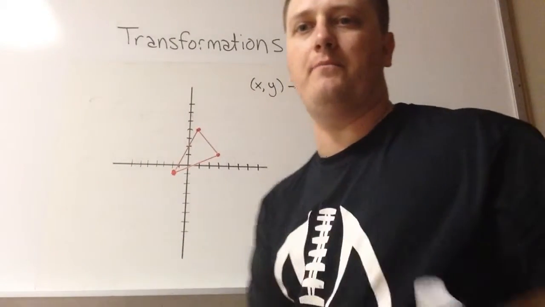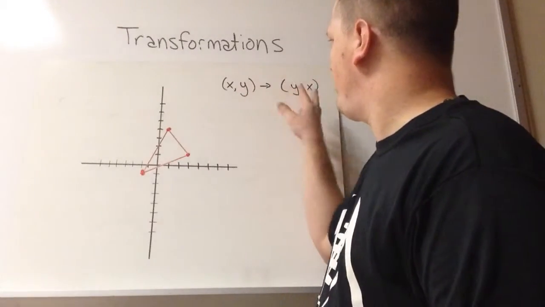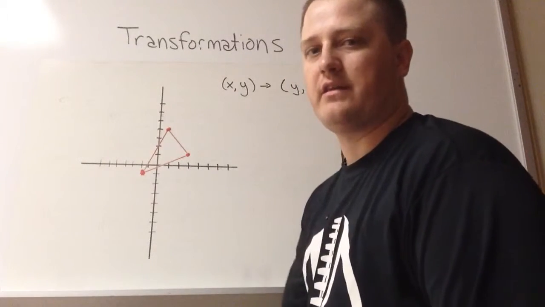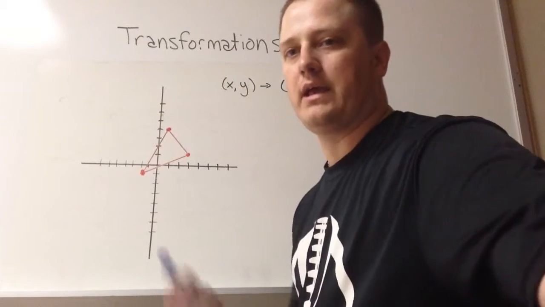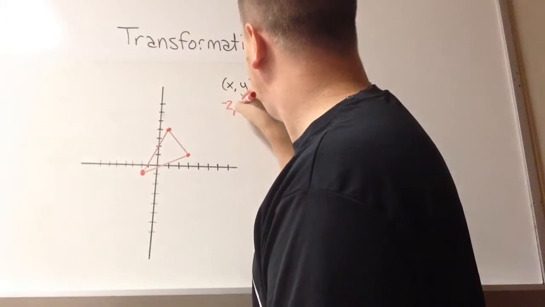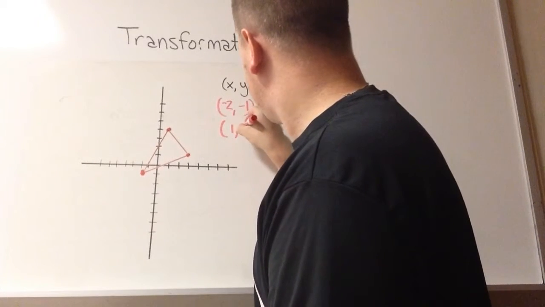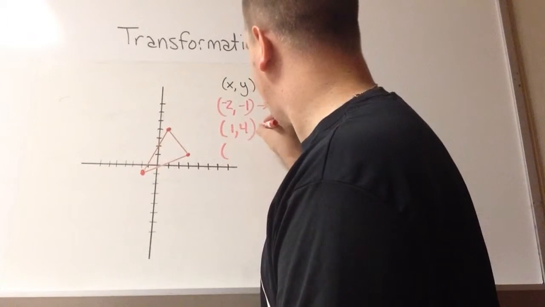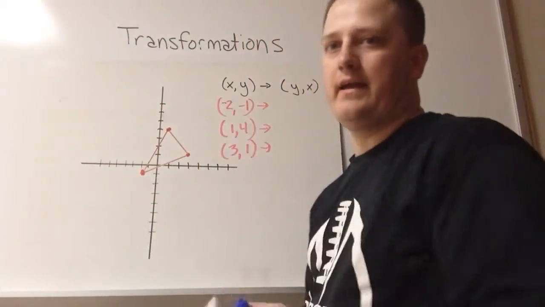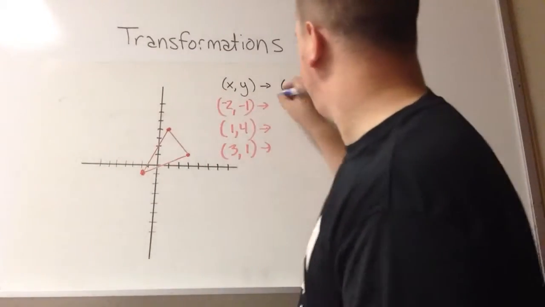Okay, I've got one more that we're going to look at. And this one is when we switch x and y. So our y becomes our x value here. Just so that you guys can see this one sometimes tricks people. So again, we'll just start with writing down the points. And all we have to do is just switch the order of these. That's what this is saying.